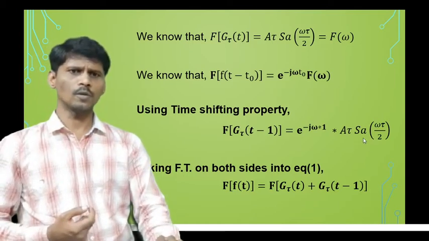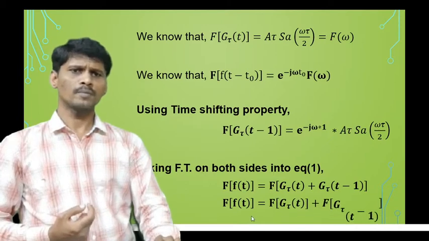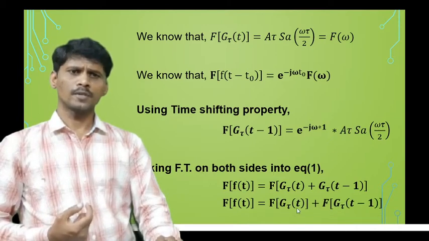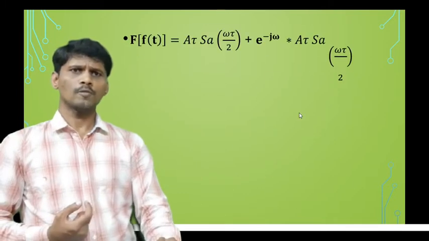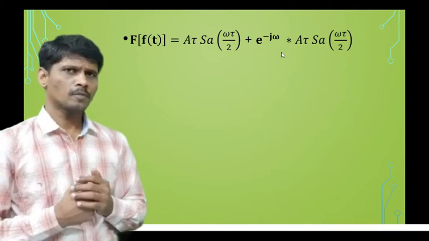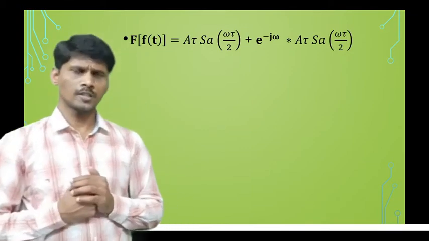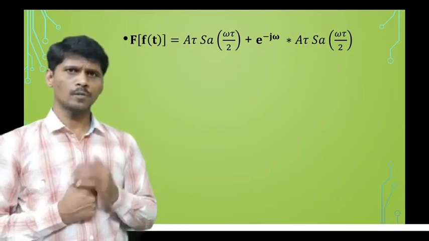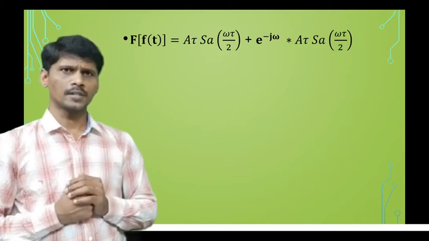So the Fourier transform of f of t is F of omega, and the first term is the Fourier transform of the gate function, A tau sinc of omega tau by 2, and the second term is the shifted version of the Fourier transform of the gate function.